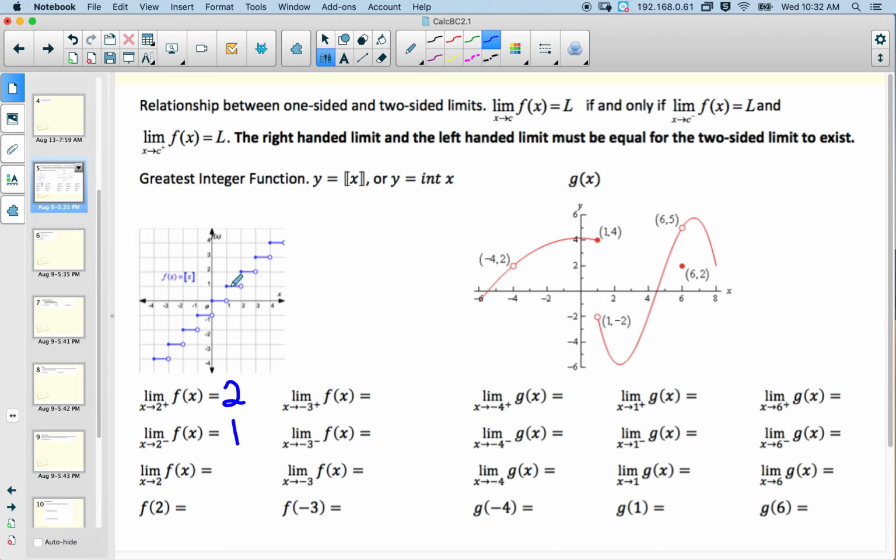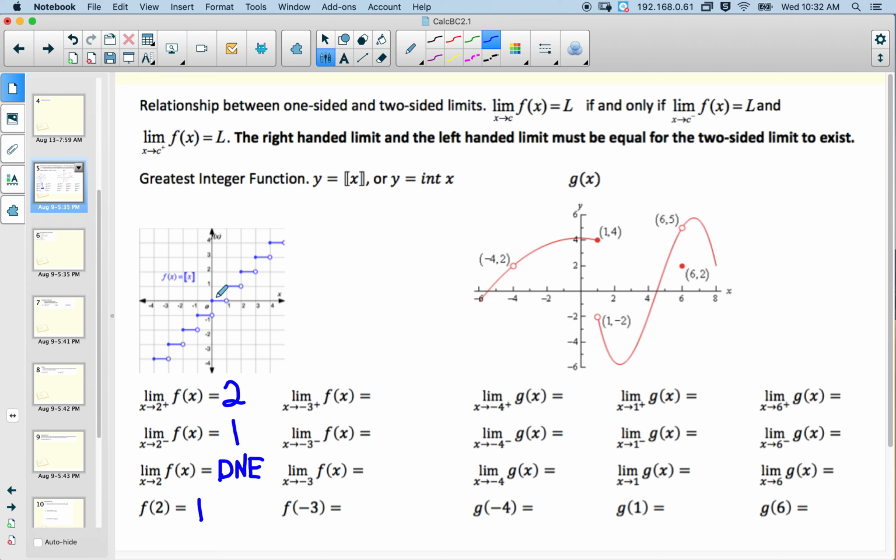So the limit from the left is not equal to the limit from the right, so therefore the limit at 2 does not exist. We're going to abbreviate that as does not exist. But f of 2 is actually equal to 1. So it is defined at 1.